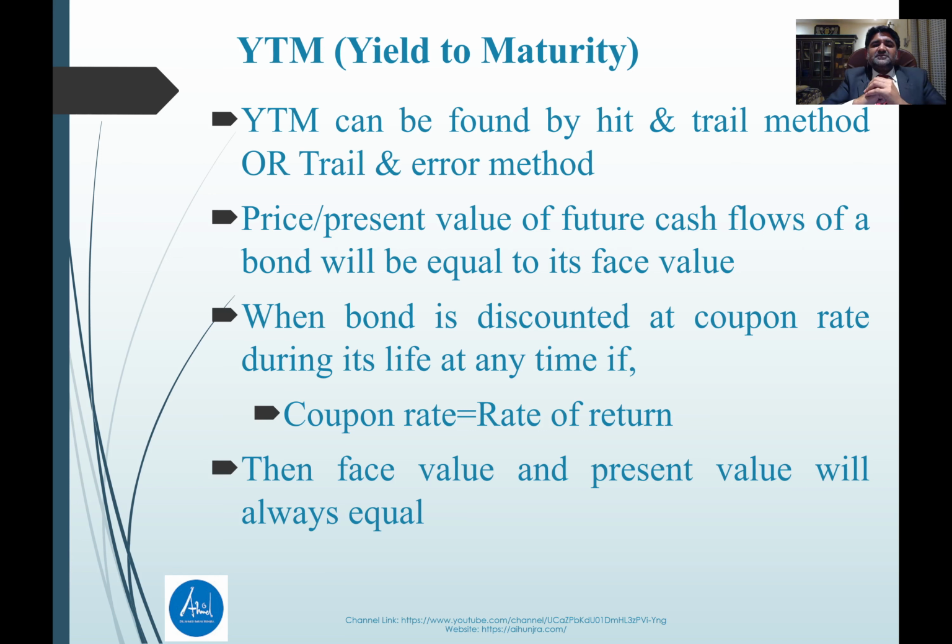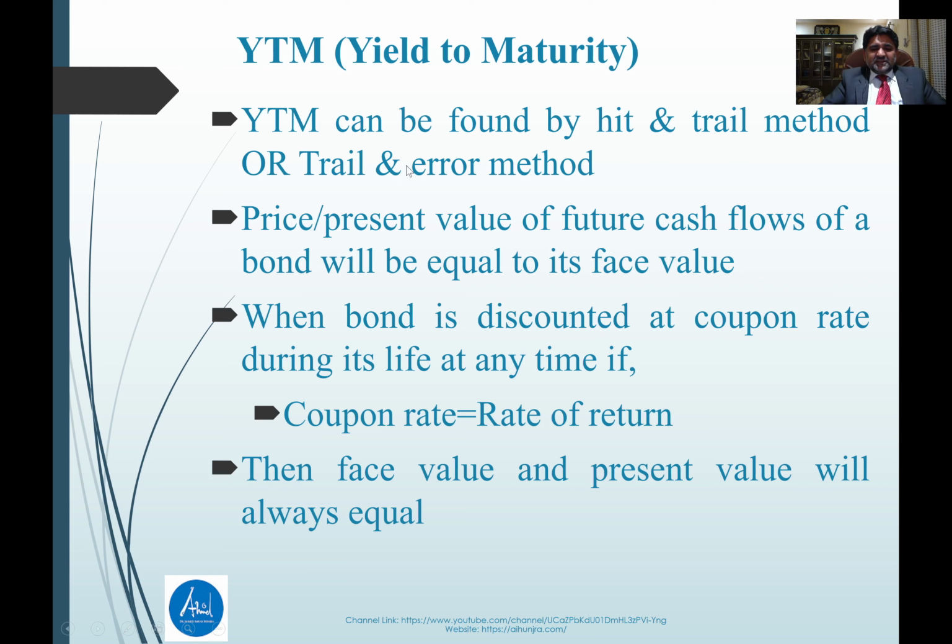Hit and trial, what does it mean? You have to try more than one time. Then what is the yield to maturity? It means the rate which equates face value and the present value, or price, of the bond. That is the yield to maturity.